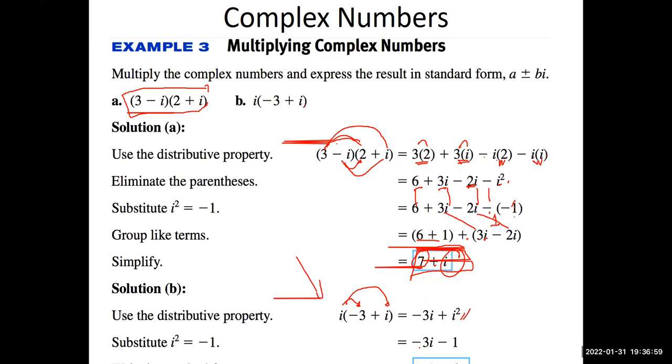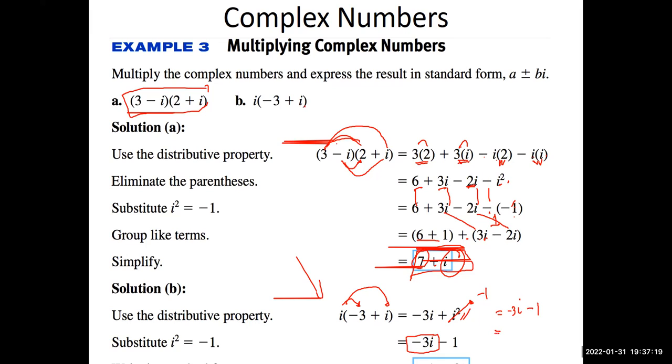So we have no problem with the 3i, and i squared is equal to negative 1. So it will now be written as negative 3i minus 1.